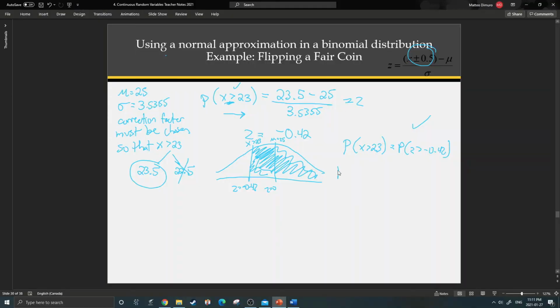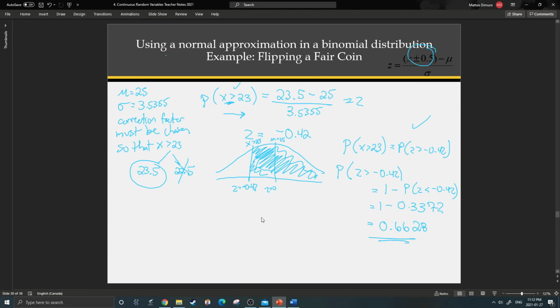So here we go. Probability that z is greater than negative 0.42 is equal to 1 minus probability that z is less than negative 0.42. And that was 0.3372, which gives us an answer of 0.6628.